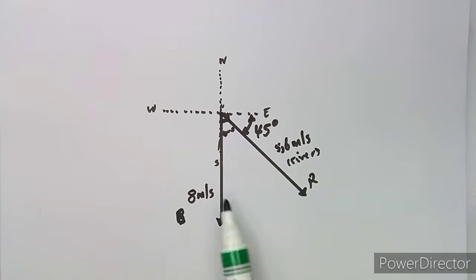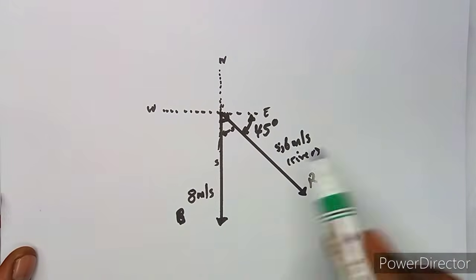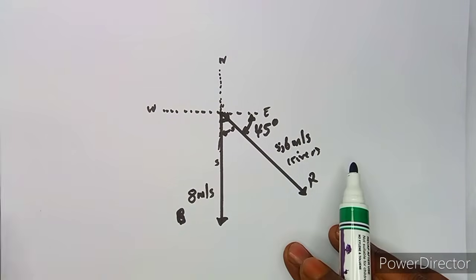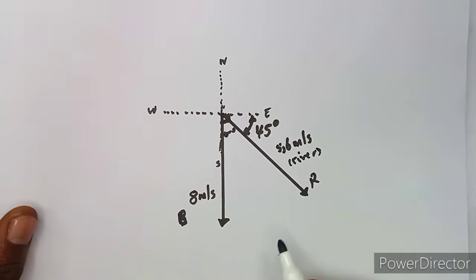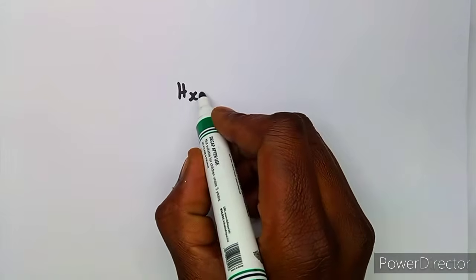As you can see, just like when you worked with forces from your N3 level, where you could find the resultant and the horizontal and vertical components, that's the same thing you can do in this case to find the resultant velocity. Remember, for horizontal components you always use cos theta.